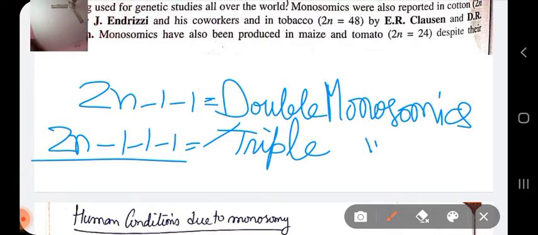Since monosomics lack one complete chromosome, they are genetically imbalanced, and so they are either lethal, meaning deadly, with a high mortality rate, or they have reduced viability. Sometimes partial monosomy can also occur, where the individual does not have a portion of the chromosome while the rest of the chromosome has two copies.